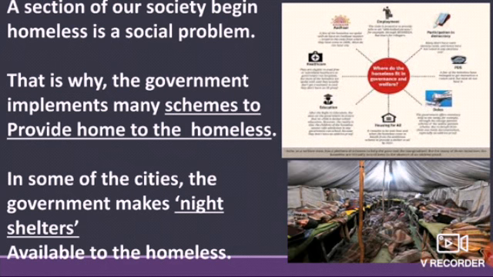See here, this kind of night shelter is developed in many places so that people who sleep on the roadside, those who don't have proper shelter, will get a good shelter, at least protection against the cold. And in this pandemic, they will get protection.